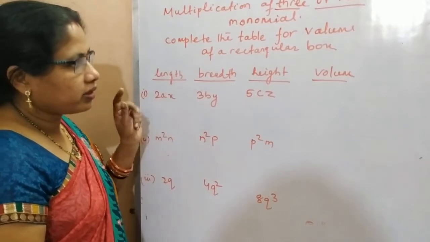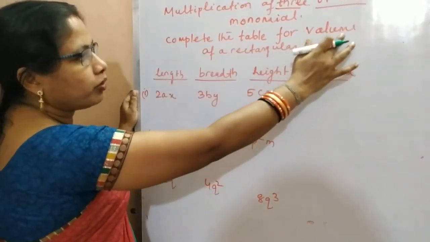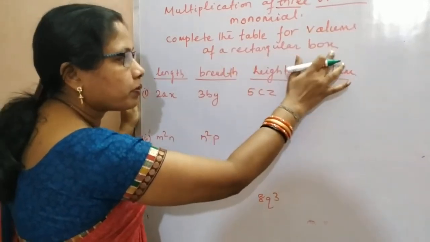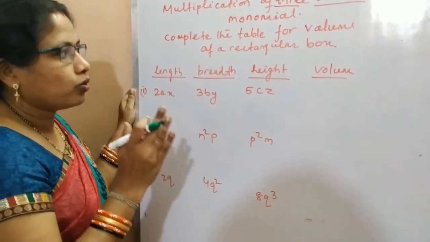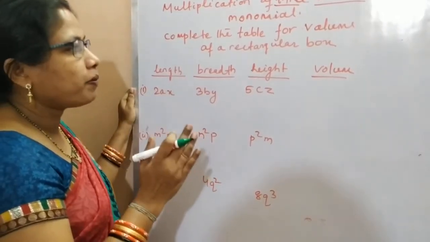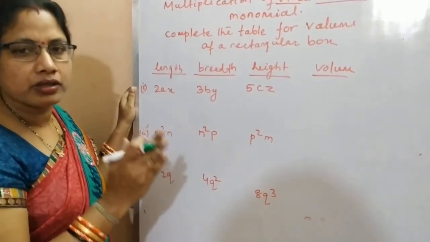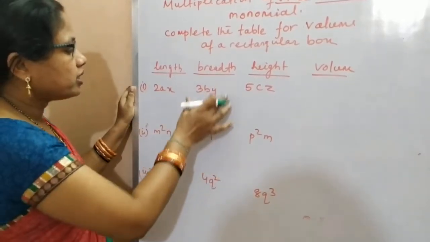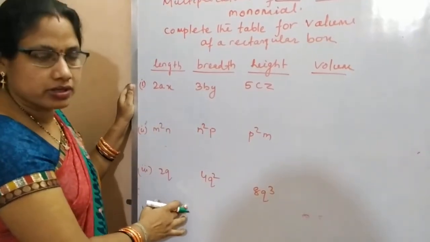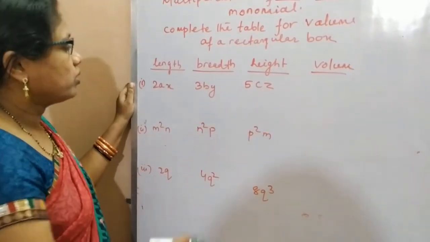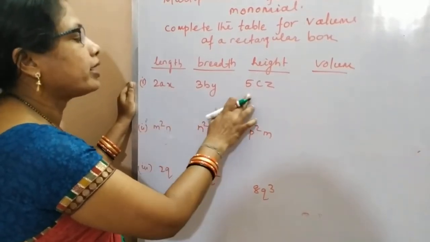Let us solve another example here. The question is, complete the table for volume of a rectangular box. So a rectangular box is the shape of a cuboid. We know that the volume of a rectangular box is length multiplied with breadth multiplied with height. So these are the length, breadth and height of 3 rectangular boxes. We have to find the volume. So here length, breadth and height are 2ax, 3by and 5cz.